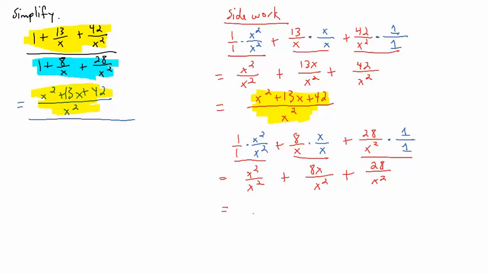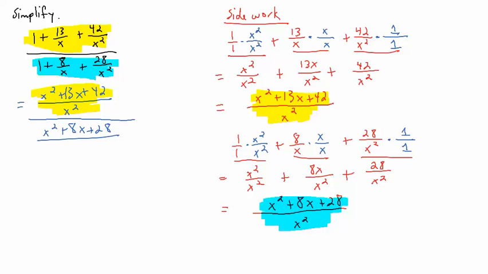Putting all that together, I get a single fraction with x squared in the denominator, and on top I have x squared plus 8x plus 28. So that will be my denominator of my complex fraction over here. So I'll copy that down to be x squared plus 8x plus 28 over x squared.